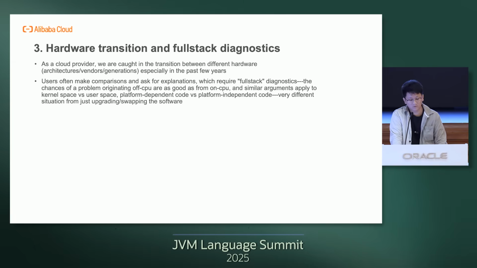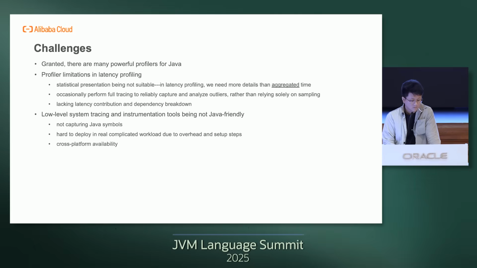Similar arguments can be applied to kernel space versus user space, and platform-dependent code versus platform-independent code. It's a very different situation from the more controlled comparison of just upgrading or swapping the software. This is why we think we need a more quantitative approach to help us first identify bottlenecks and then achieve a clearer explanation. Given these three reasons, we come to the challenge we identified.